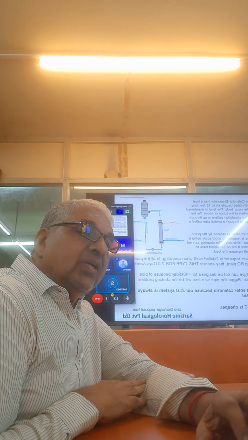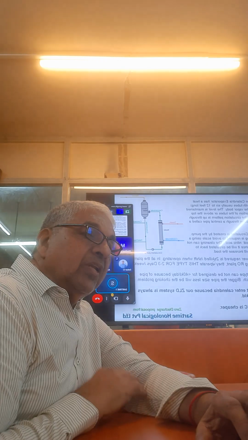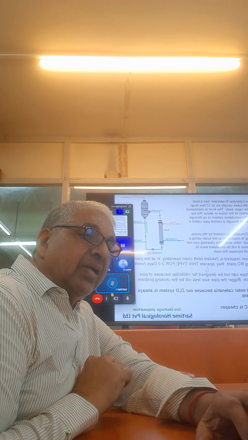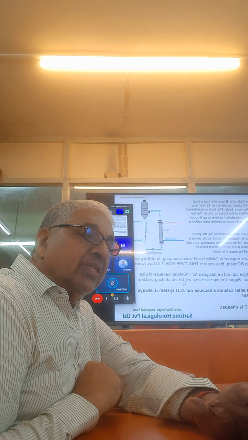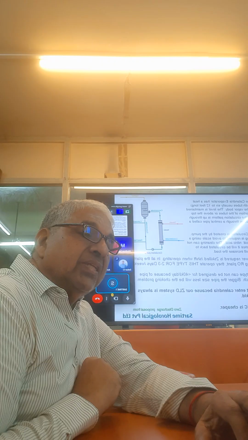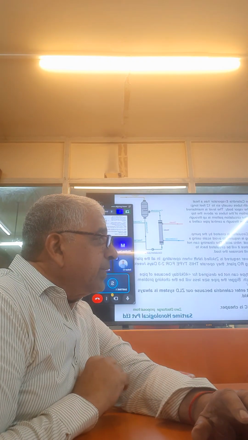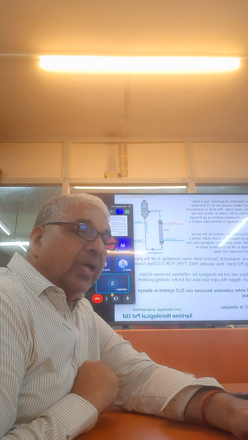The number 2 disadvantage is the manpower. Skilled manpower, 2 persons, is required. And the calandria type is designed for, I said 40 KL, even 30 KL you can go for. It's because the pipe size cannot be less than 1 inch. Too small a pipe size will create a choking problem.